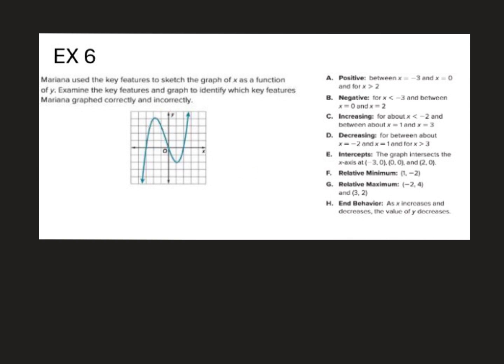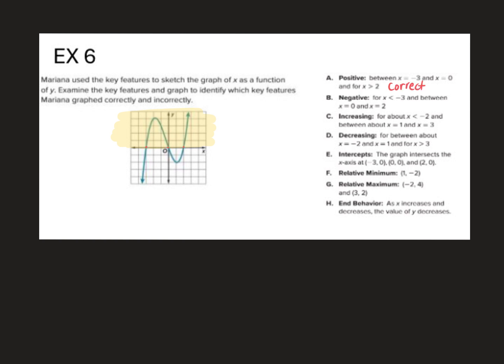And x is greater than 2. So if we go to 1, 2, x is greater than 2. Yes, I would agree that that is correct. So we'll mark it correct there. That graph is positive in those areas. And again, from -3 to 0, it's definitely positive, and then from 2 forever. So this is a correct description of that graph.